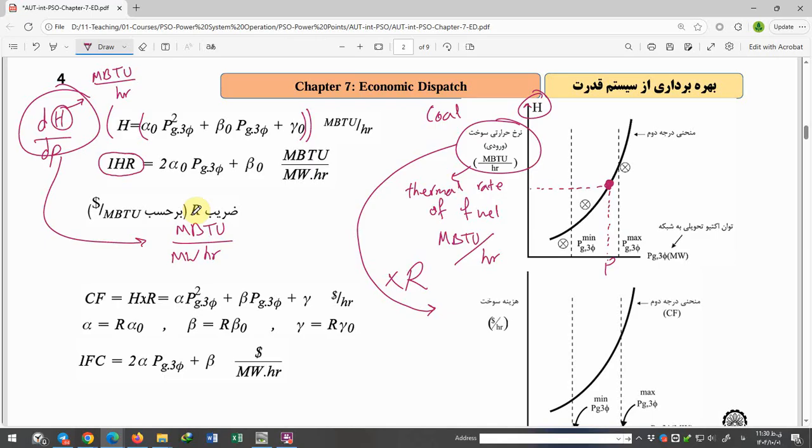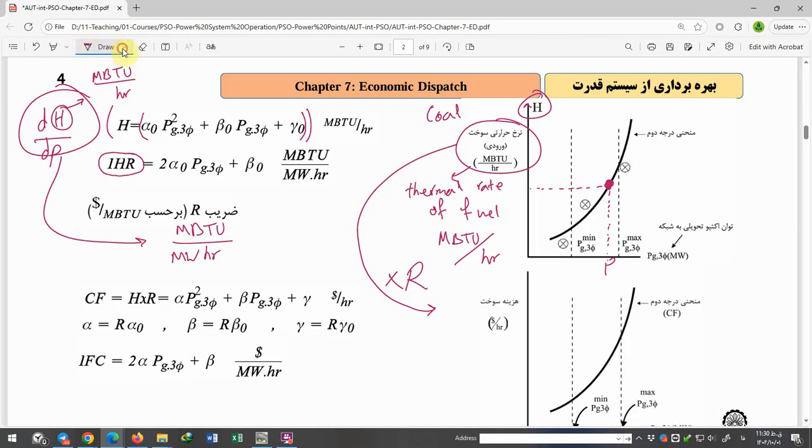Each fuel has its cost in dollars, and for a megaBTU of a specific fuel, the multiplier is R, dollar per megaBTU.